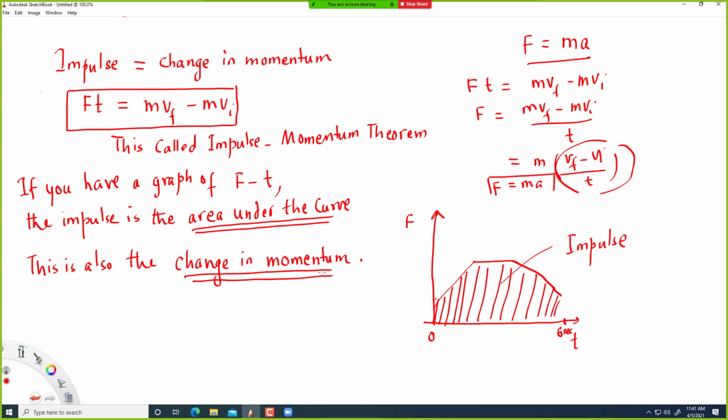So like I said here, impulse is given by area under the curve on this F-t graph. All you need to do is find the area of that triangle. Do you guys know what the area of the triangle is? You might have seen this in some math, geometry.